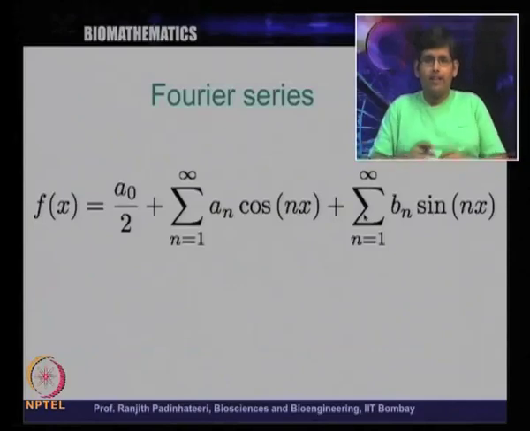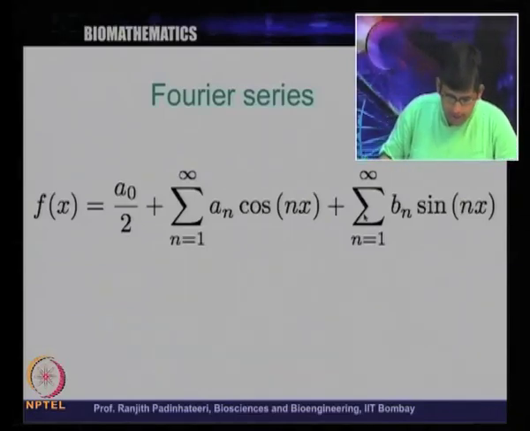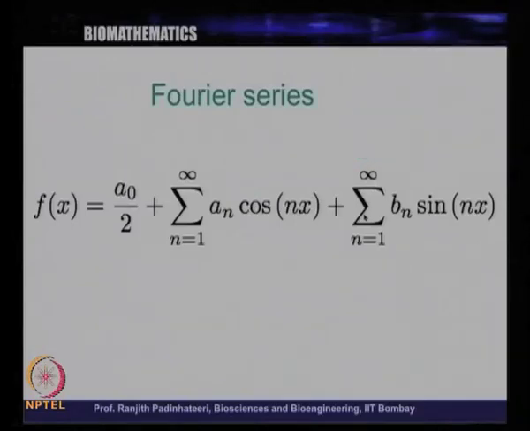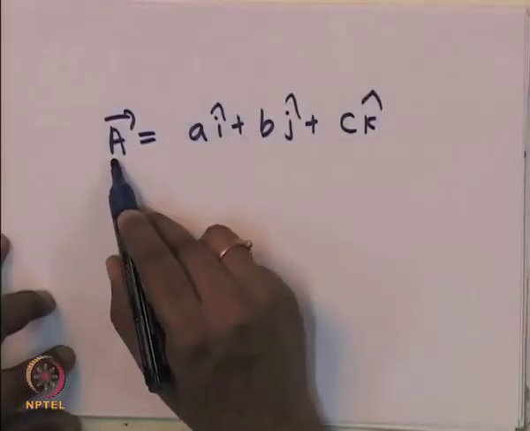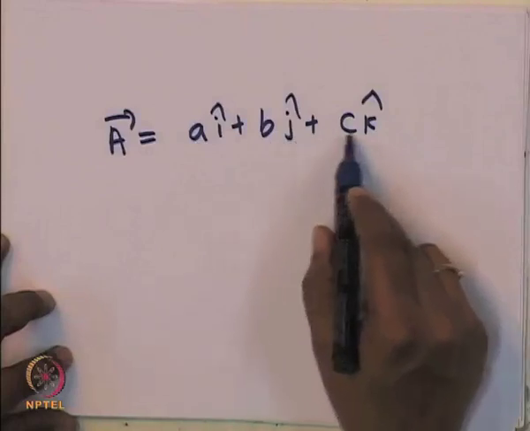There is some analogy with vectors. In the case of vectors, we wrote that A is A i plus B j plus C k.